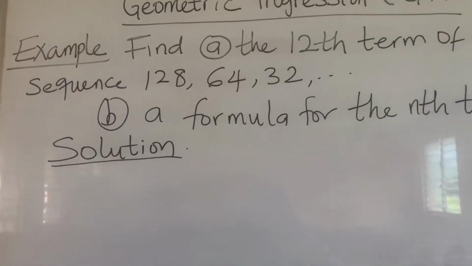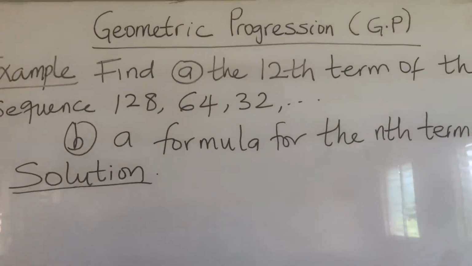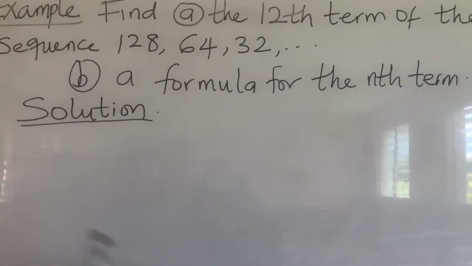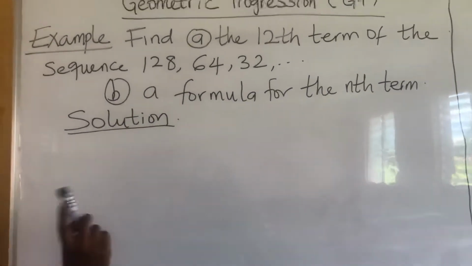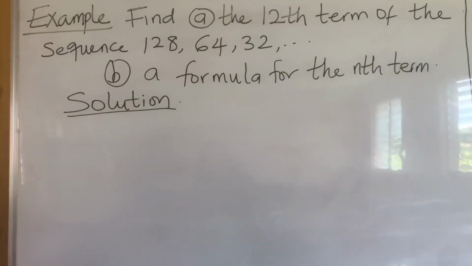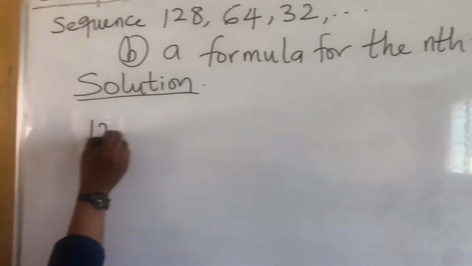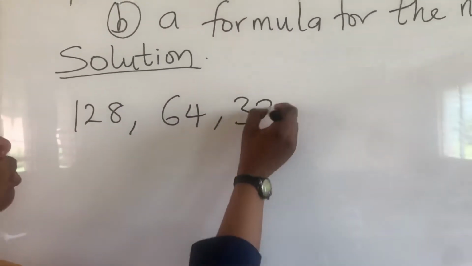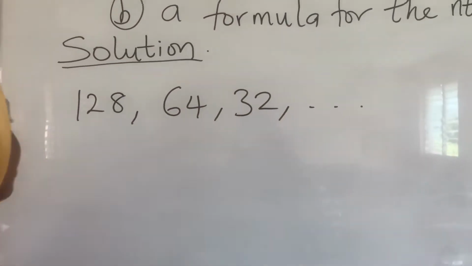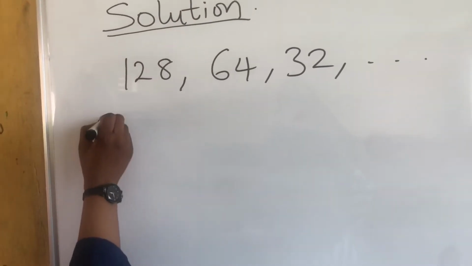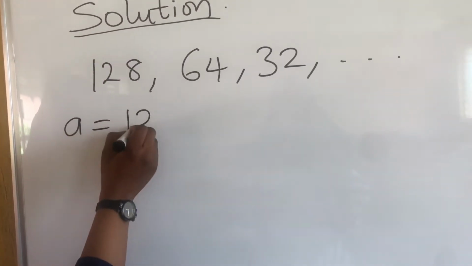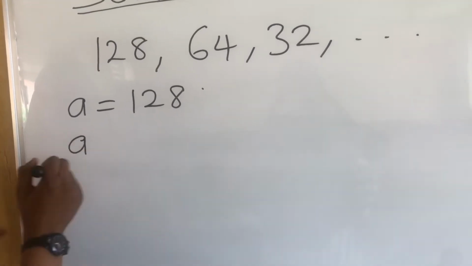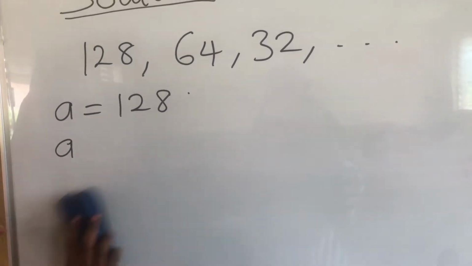Example: find (a) the 12th term of the sequence 128, 64, 32, and so on, and (b) a formula for the nth term. Now, 128, 64, 32. The first term, which is a, is equal to 128. And the second term is 64.